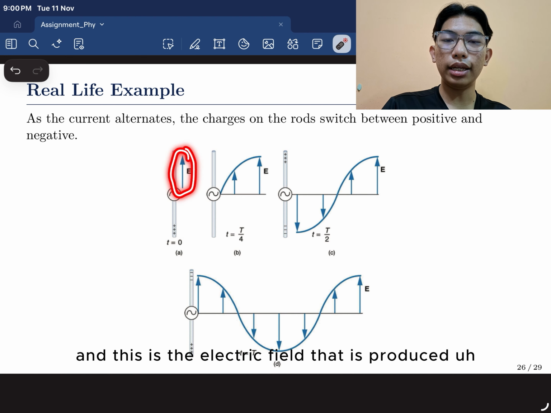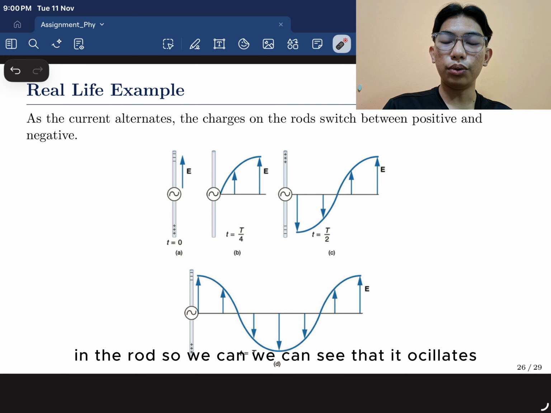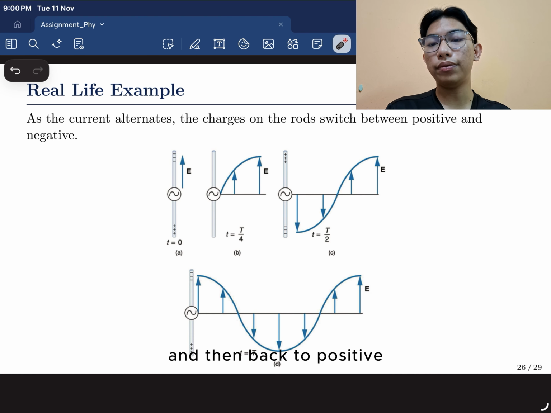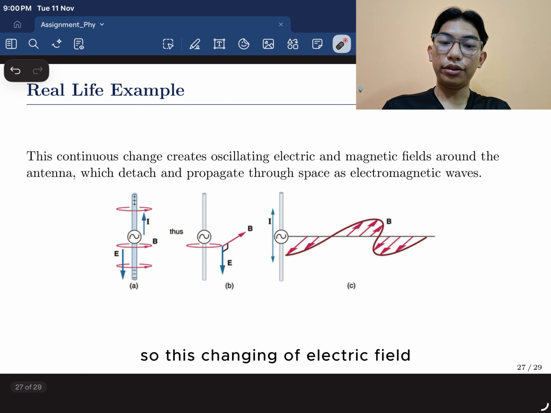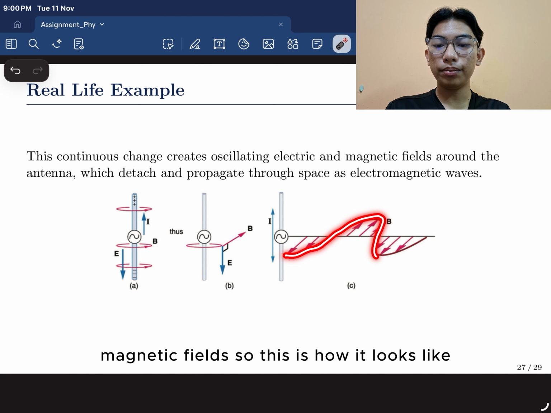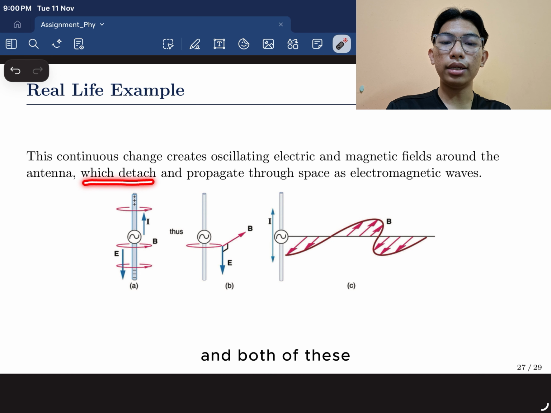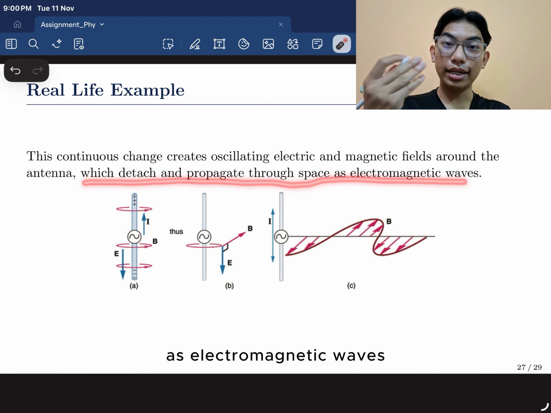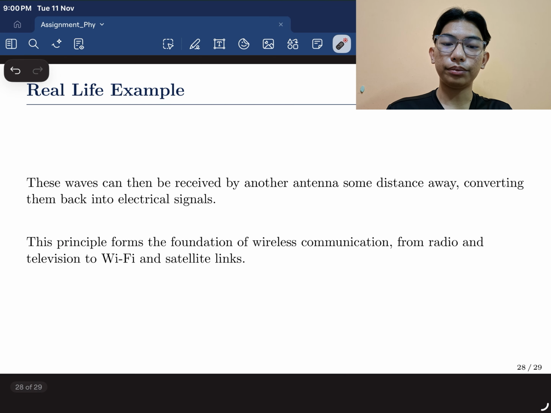And this is the electric field that is produced in the rod. We can see that it oscillates between positive and negative, and then back to positive. This changing electric field also generates a changing magnetic field. This is how it looks, and both of these fields will detach and propagate through space as electromagnetic waves.